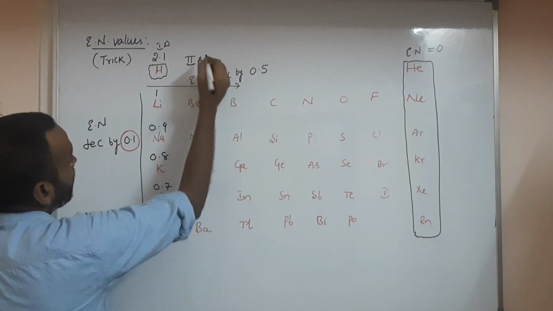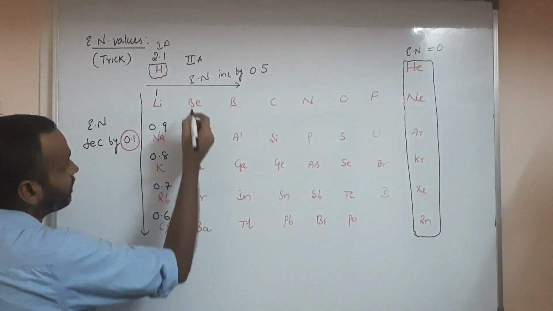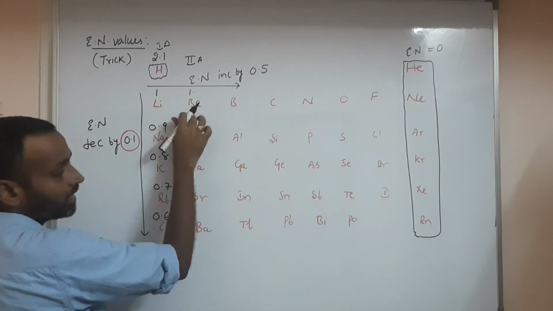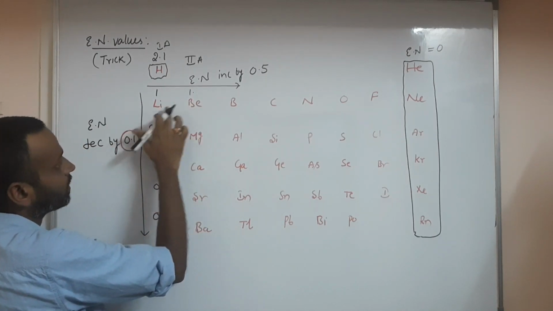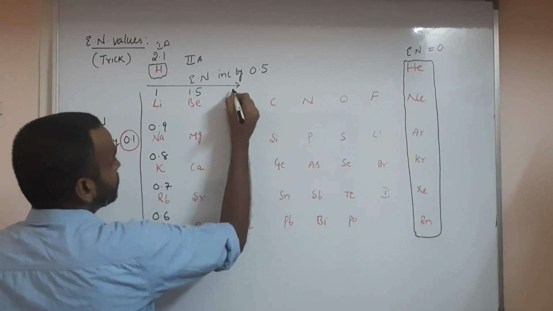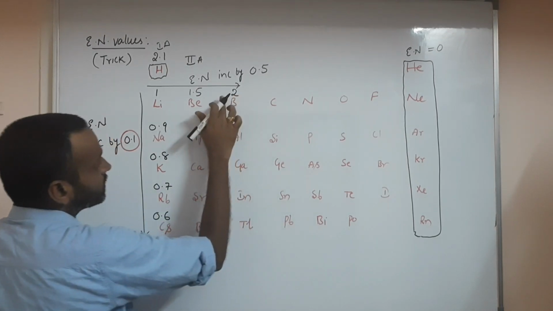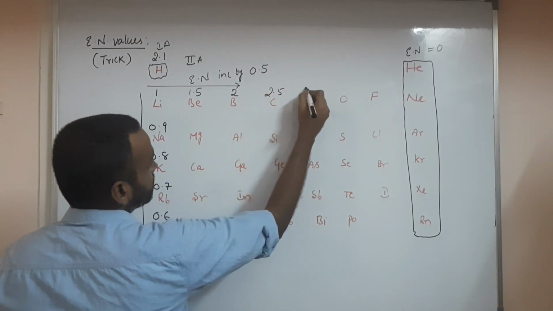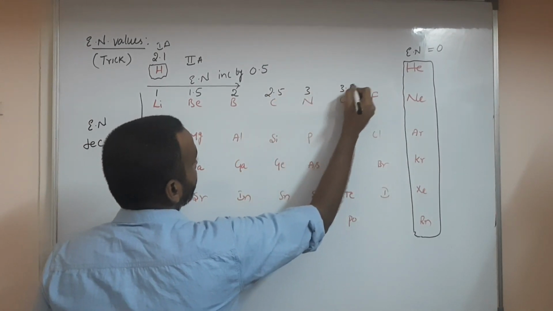Lithium is 1, so beryllium is 1.5, increased by 0.5. Boron is 2, then 2.5, 3, 3.5 and 4.